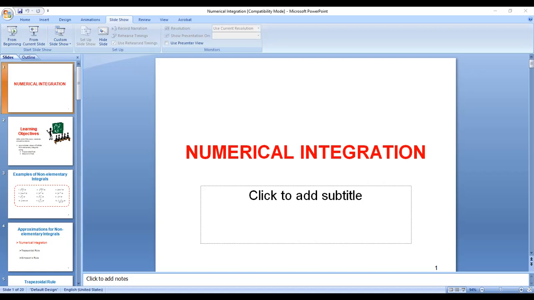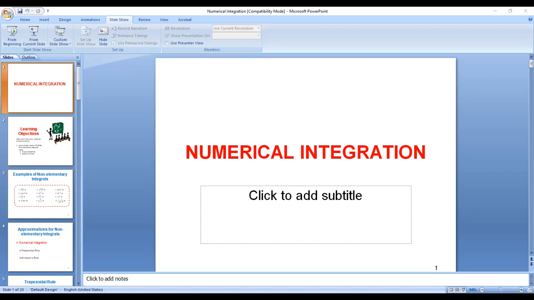Take note, class, it's just an approximating method. It's not really the actual answer, but it can approximate the answer depending on the number of divisions on your particular area of the curve. I will explain as we go along.